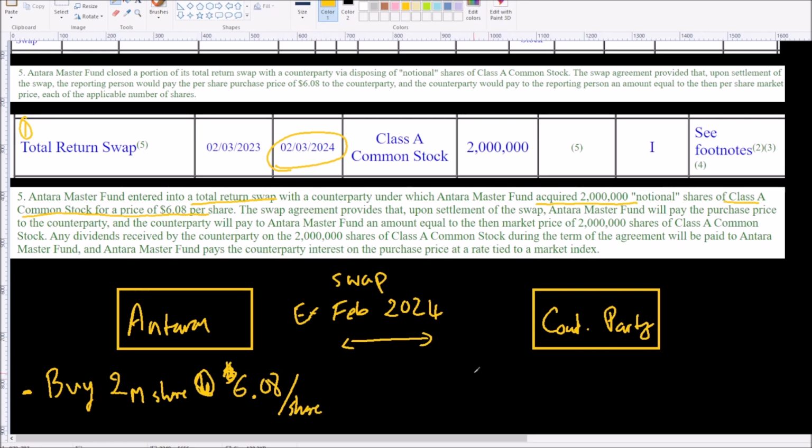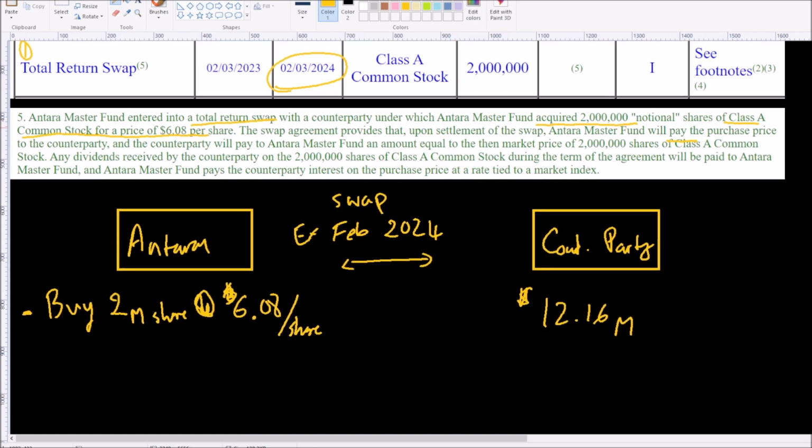Okay, and in turn, hold on, let's see. This agreement provided that Antara would pay to purchase, so the counterparty would receive that $12.16 million from that sale.